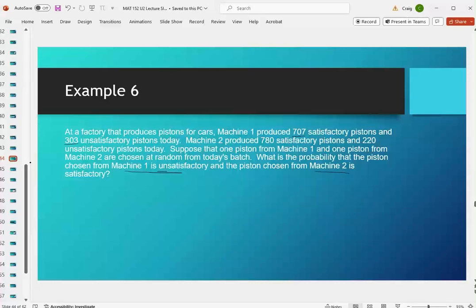Well, in this case, the probability that machine 1 is unsatisfactory, let's call that A. Unsatisfactory for machine 1 is 303 divided by the total, which is 707 plus 303, 1010.